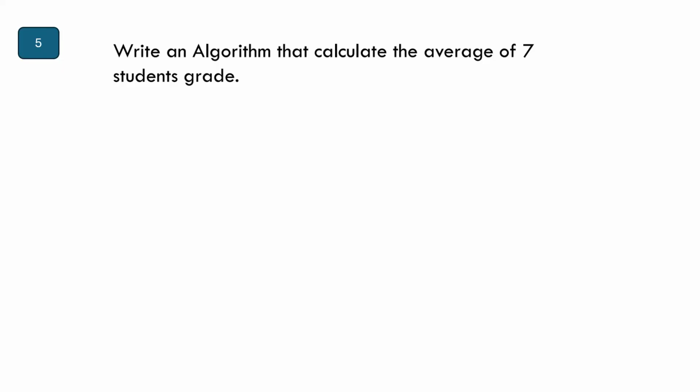And I will check whether this current value is less than or equal to 7, because the number of students is 7. We will read these grades 7 times.